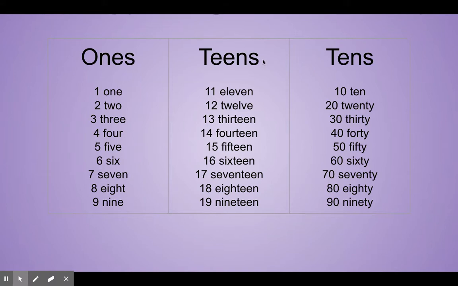Then I have our numbers with our teens. 11, 12, 13, 14, 15, 16, 17, 18, 19. And last, I have the tens. 10, 20, 30, 40, 50, 60, 70, 80, and 90.